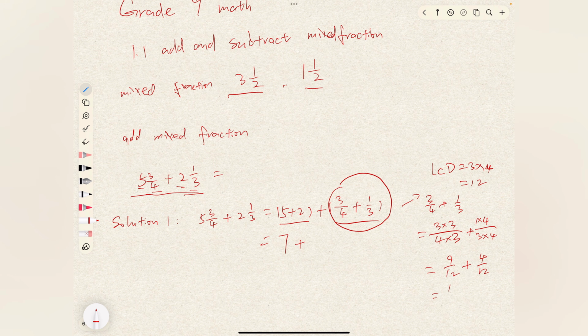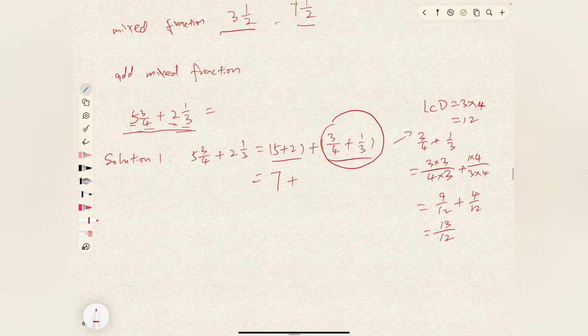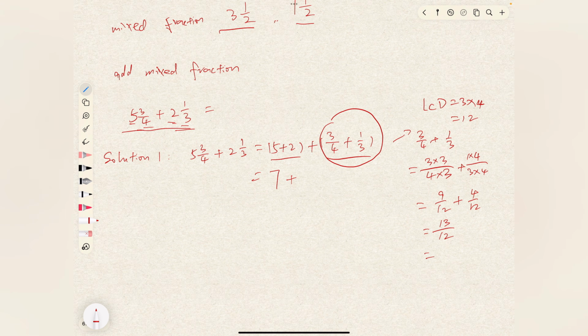That's 13 divided by 12. If we change this improper fraction to a mixed fraction, that's 1 1/12. So the answer here is 1 1/12. So we keep going, using the whole part as the whole part, 8 1/12.